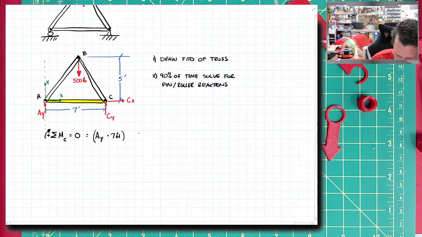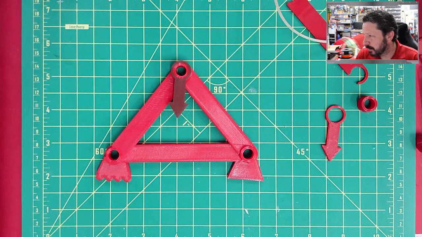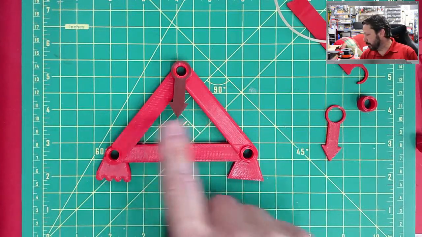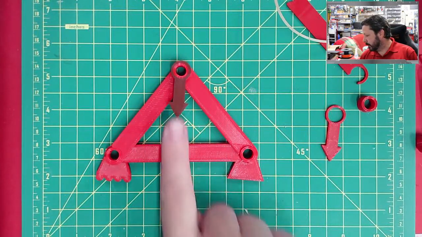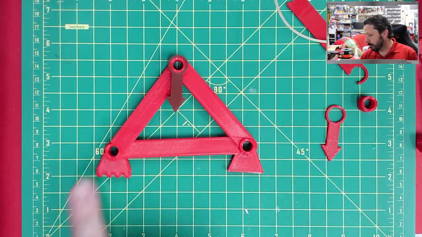The 500 pounds has a line of action that's also vertical. Its moment arm is only right here. Now, I didn't technically give quite enough information on this problem to know what this green moment arm is, but we can assume that these two are the same length, and the distance from this line of action over to here is half of this span.